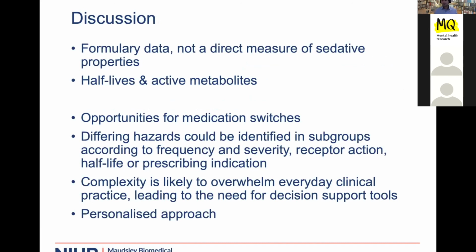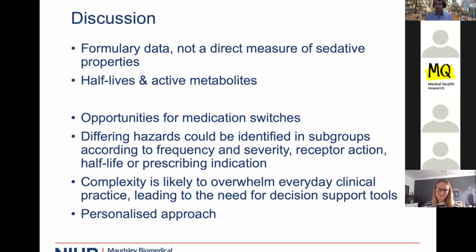But such tools to review those medications, or being aware of those cross-category properties, give us opportunities for medication switches. For example, if someone is prescribed a medication for migraine, there might be an option to change this to a different medication for migraine that is less sedative. But we can't find differing hazards in subgroups according to frequency, severity, receptor action, half-life or prescribing indication.